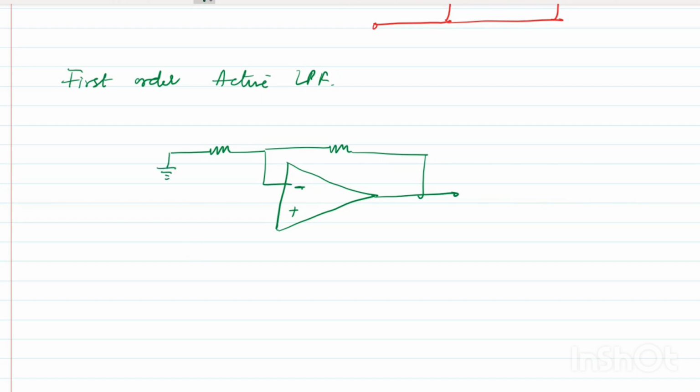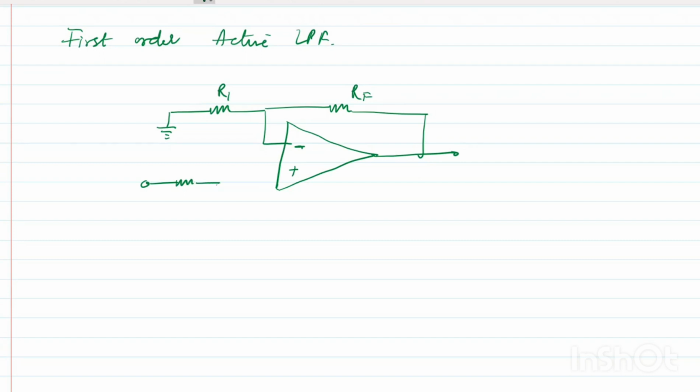We'll ground this. And then you have an RC component. What is this? This is a filter, low pass filter, but उसके साथ हमने op-amp लगा दिया. This is your VI and this is your V1.